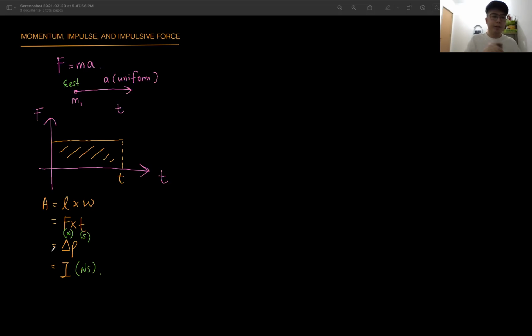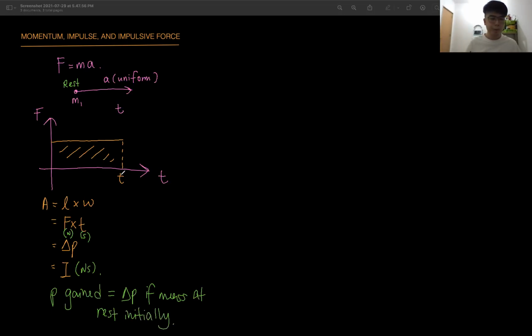So if I give it this amount of momentum, then it gained this amount of momentum. So the change of momentum equals the momentum gain. P gain equals change in momentum if the mass is at rest initially.